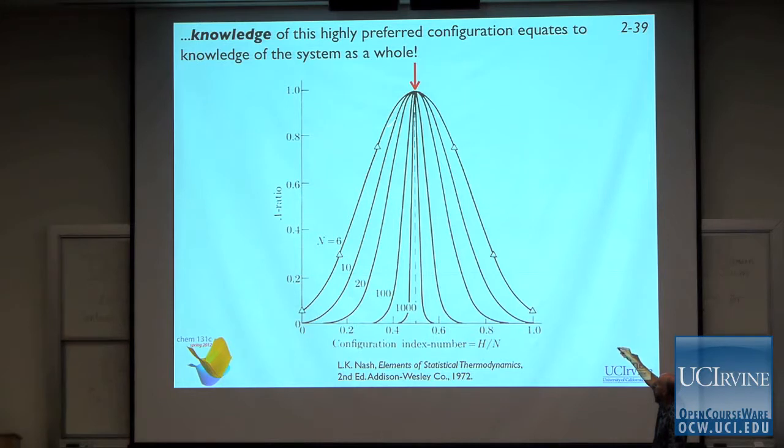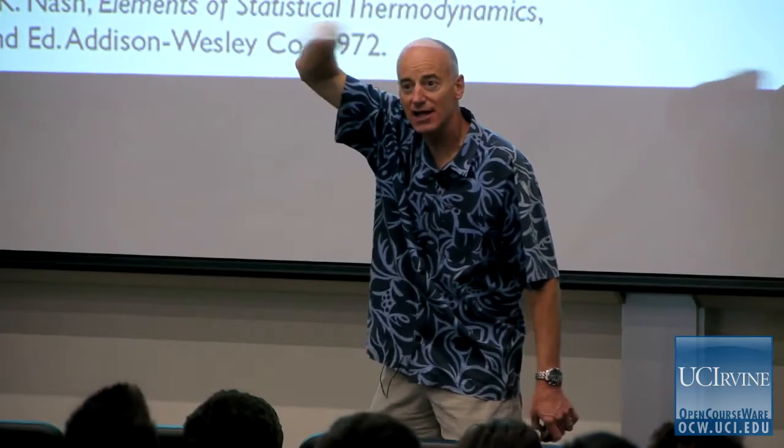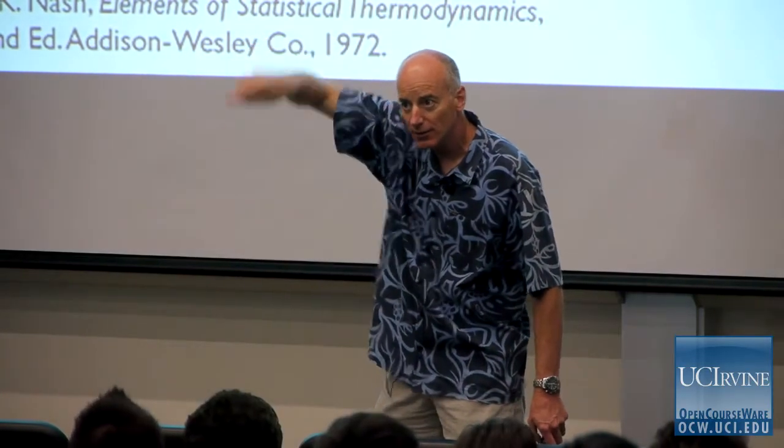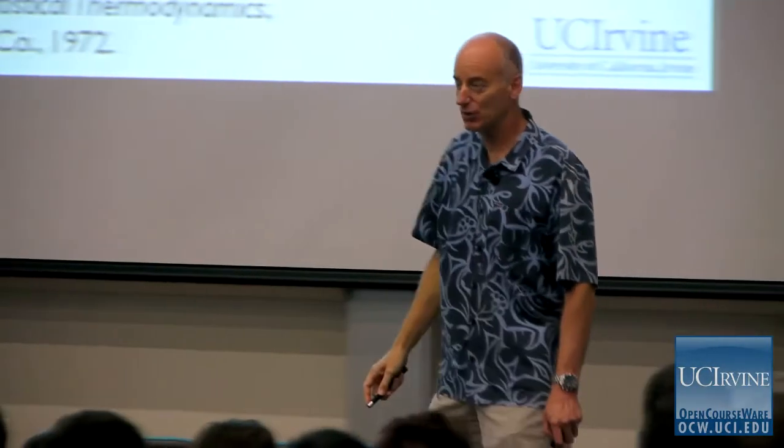So if you find the maximum of any one of these curves, you're going to locate that point, and that's what you want to do. But there's another approach that one can take, and that is that the derivative here is 0, isn't it? The derivative with respect to configuration of W over W max at this point is 0. In other words, if I draw a tangent there, I'm just going to get a horizontal line. That's another way to derive the Boltzmann distribution law. That's what I'm about to do.